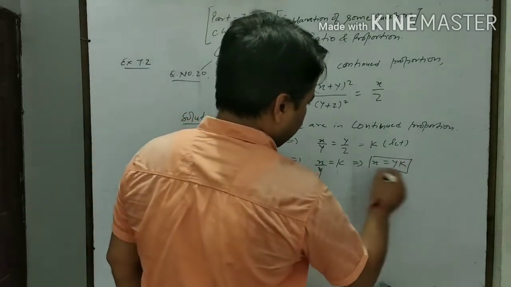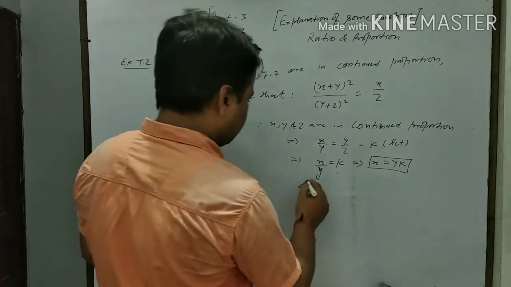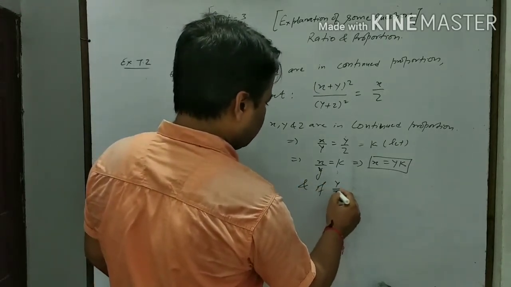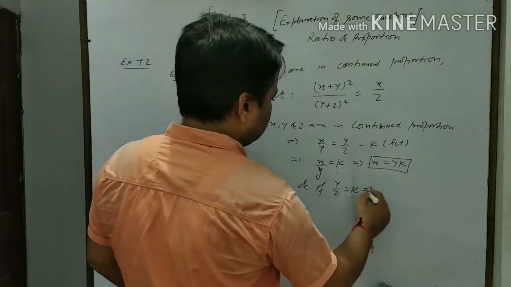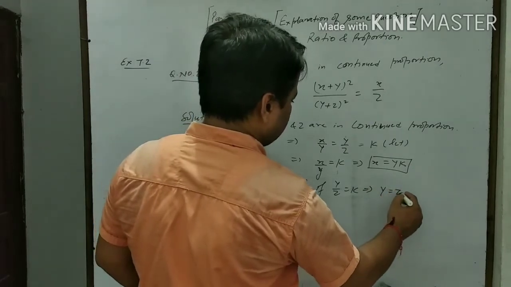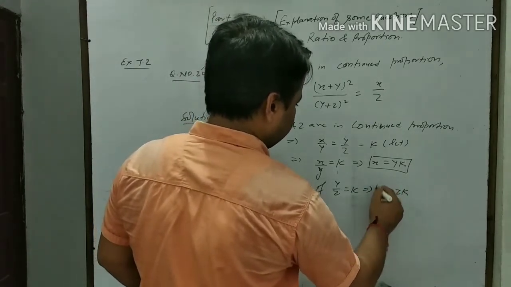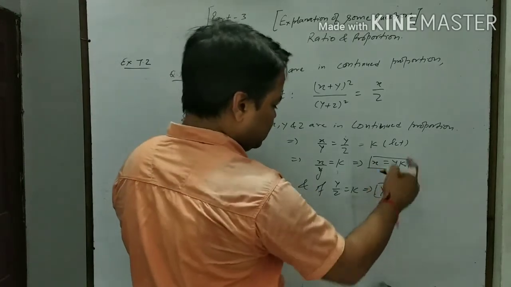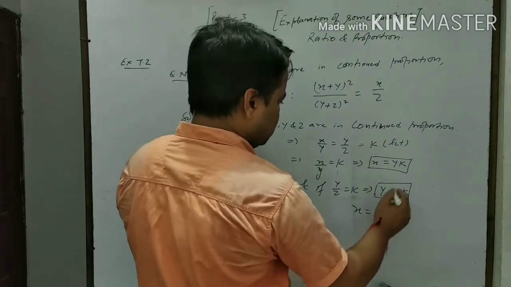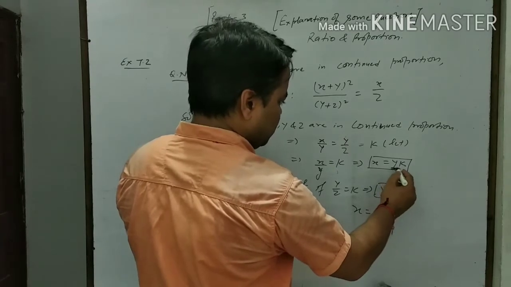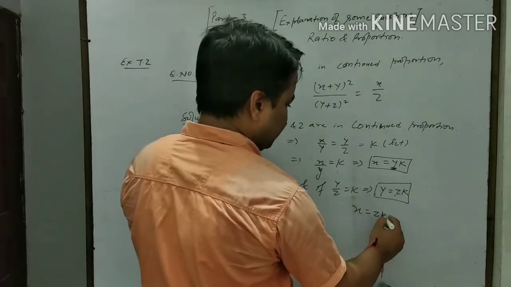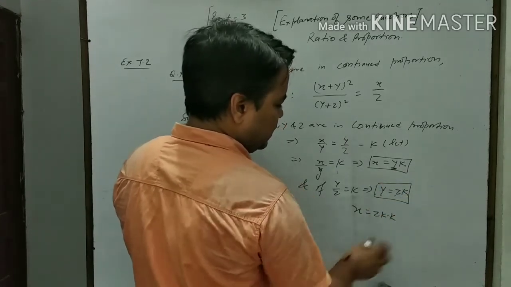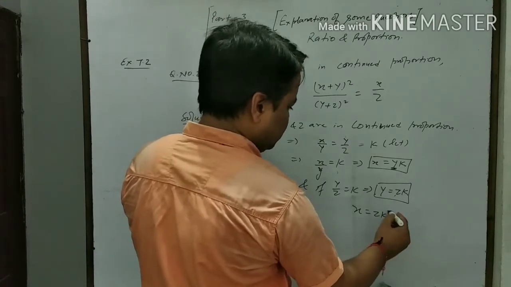Here x is equal to yk, and if y by z is equal to k, then y is equal to zk. Now put the value of y here. At the place of y, we can write zk into k, or zk square.